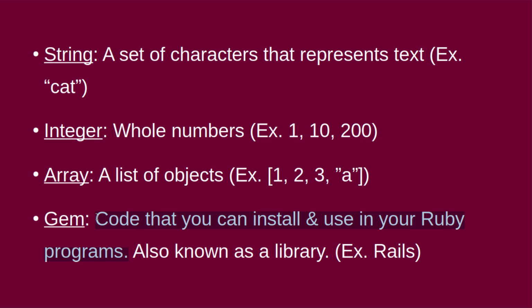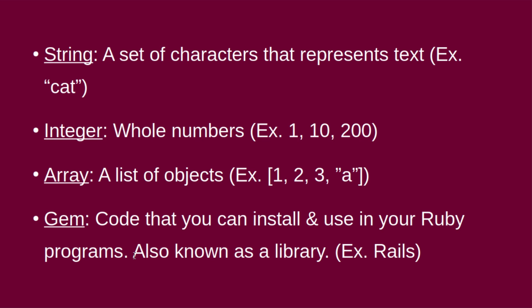Okay, so that's code that you can write yourself and share with others, or it's code that other people write that they decide to share with the rest of the Ruby community, right? And they make it freely available for everyone to use.